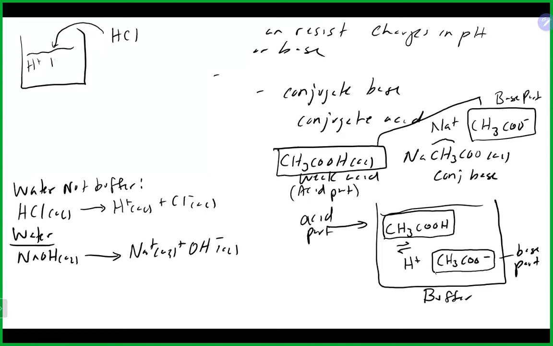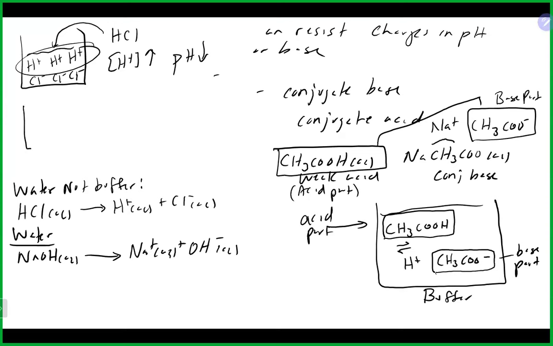As I mentioned last time, you're just going to produce a lot of free H plus. And that amount of free H plus floating around means that the concentration of H plus is going to go up a lot, because you just dumped a bunch of H plus into that water, which is not a buffer. And that's going to cause a pretty big drop in your pH, right? As the H plus concentration goes up, that means it's more acidic. More acidic means the pH goes down closer to 0.